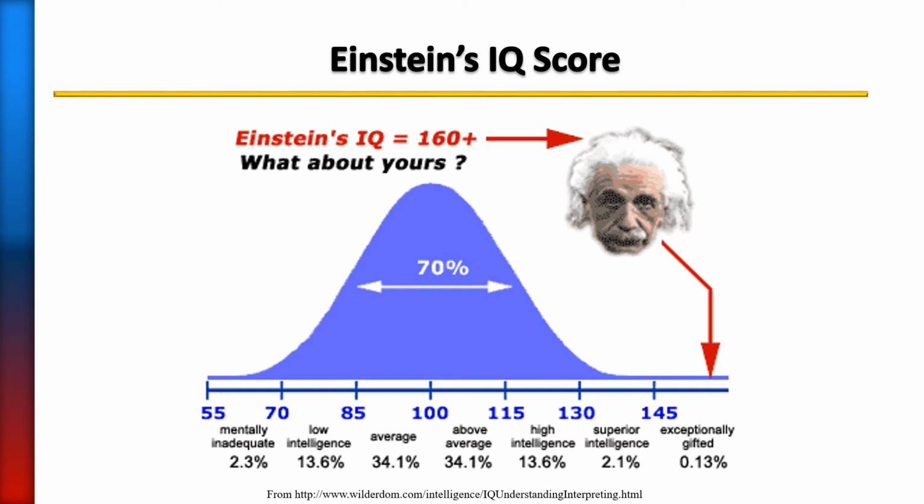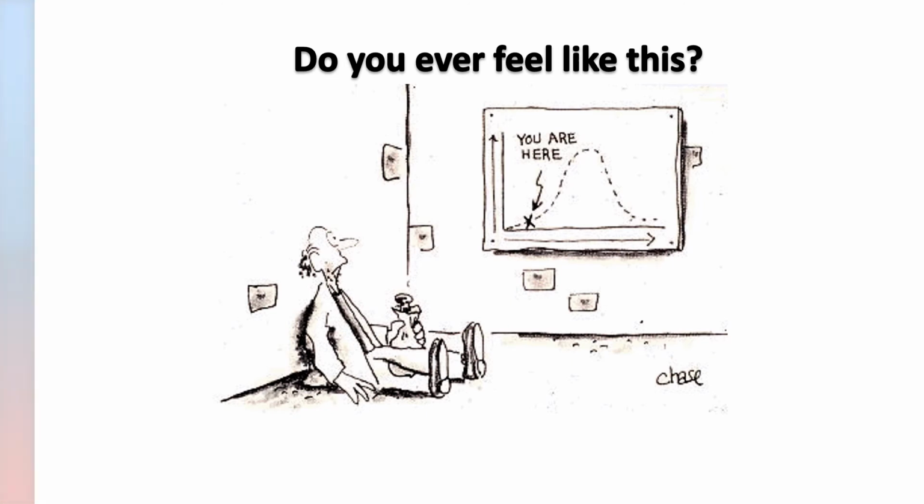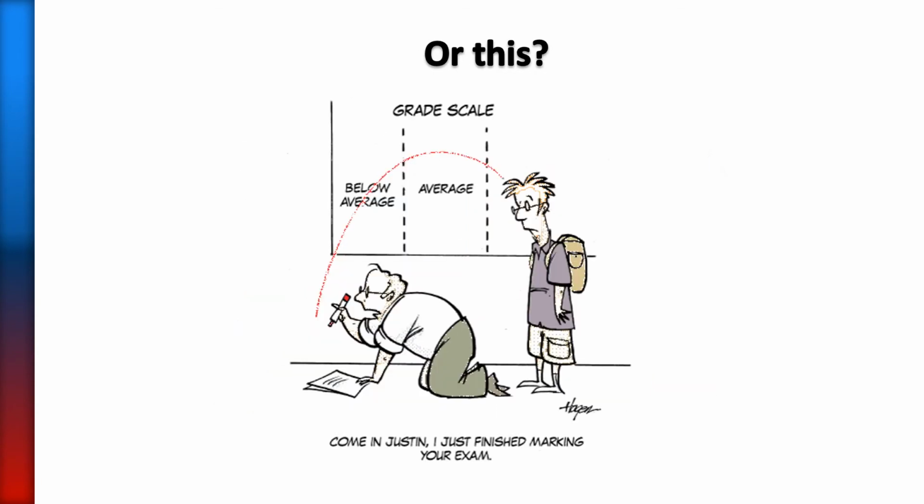And also, the farther you are below 100, the less intelligent an individual is said to be. So where do you think you fall? Do you ever feel like this after a test? Or like this?